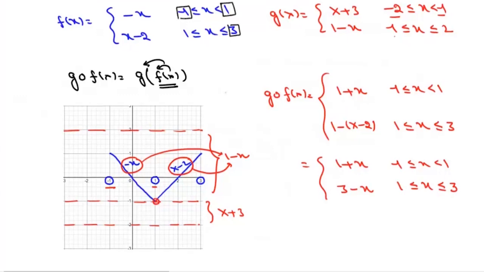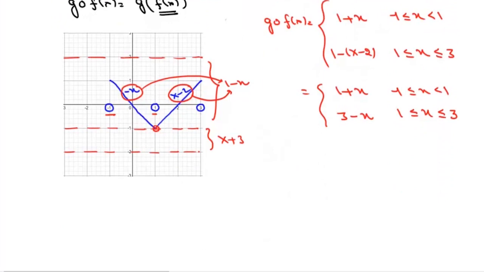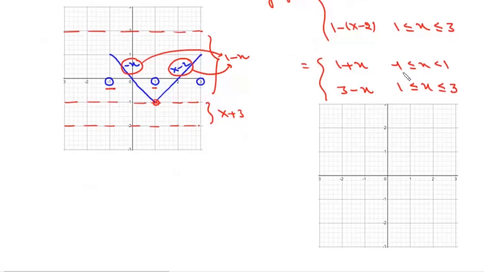Now we'll draw the graph of g of fx. When x is minus 1, this is 0, and when x is 1, this is 2. So it is this line 1 plus x, and when x is 1 it is 2, and when x is 3 it is 0.